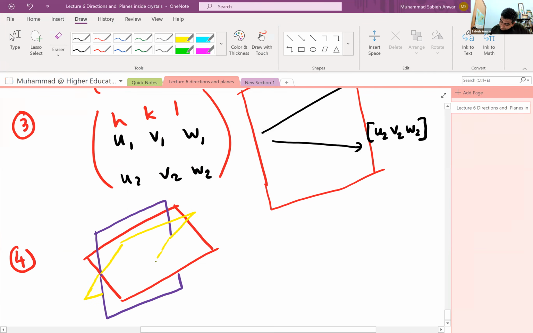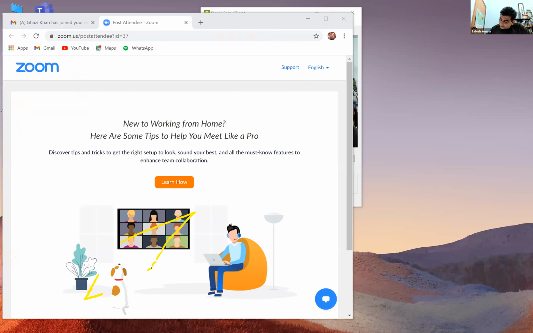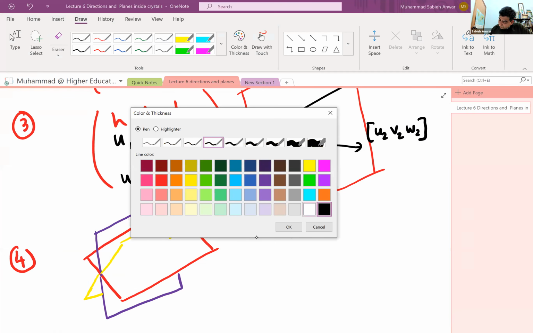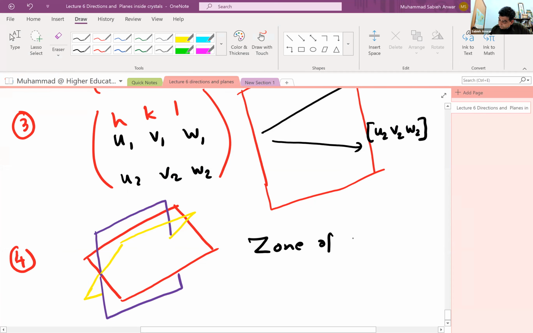So if I have planes of this kind that intersect, then these planes are said to belong to a zone. This is a zone of planes. And the point of intersection of all of these planes forms a line which is called a zone axis.